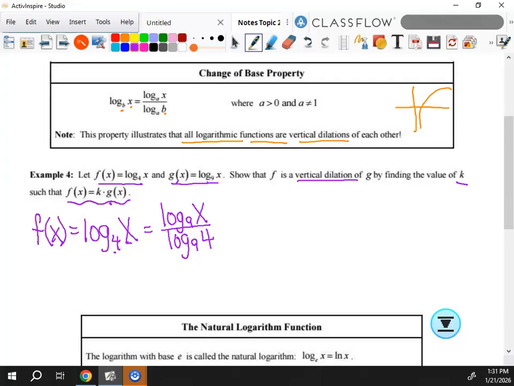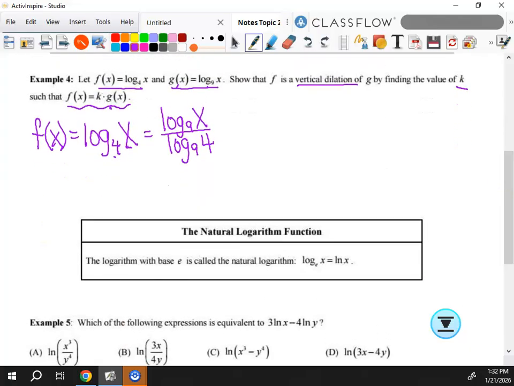All right, so now what I'm trying to do is get f of x to be some constant k times g of x. G of x is log base 9 of x. Do you see that in the numerator right there? My numerator is log base 9 of x, so it's g of x in the numerator, and I've got something in the denominator. I can rewrite this, and that has nothing to do with logs.